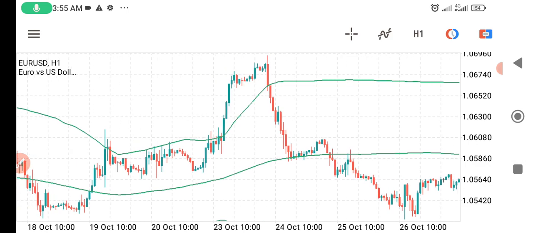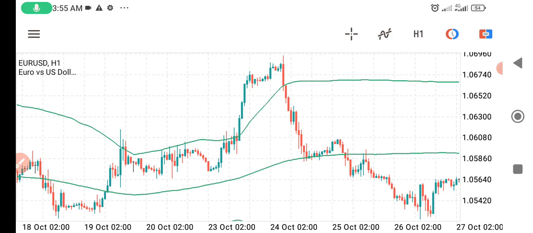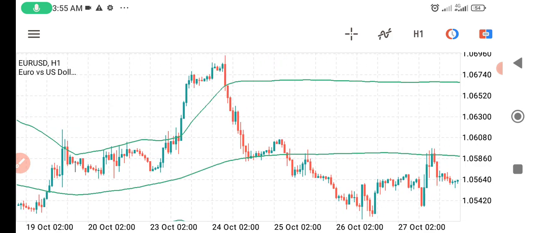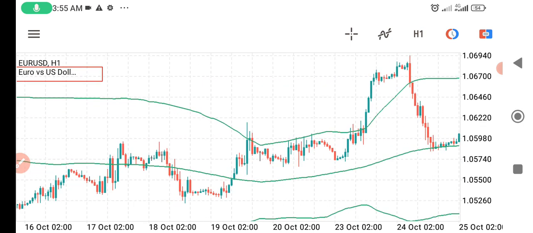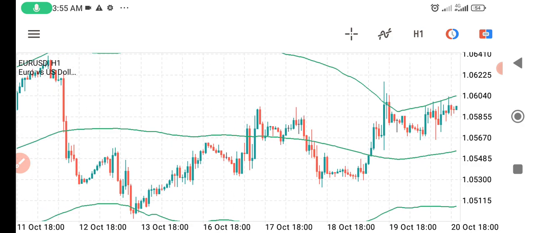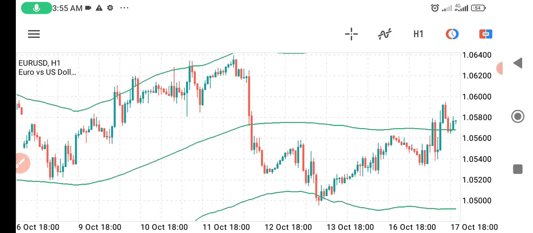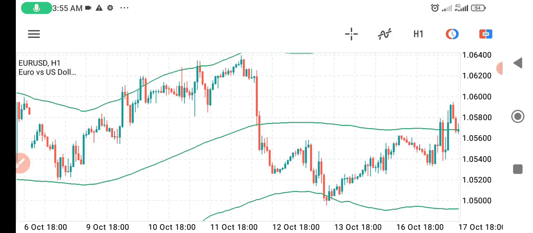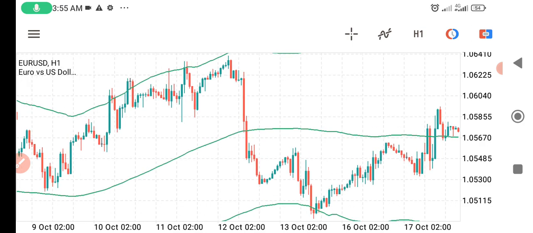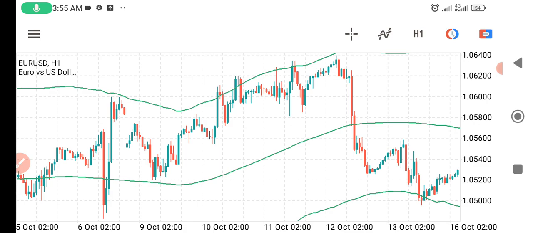So in today's video we want to look at how we take a high probability trade, and this is going to be part 2. In the previous video we established the two types of candlesticks that we'll be looking out for in taking the trade, and we said we'll be looking at the pin bar and also the engulfing candle.